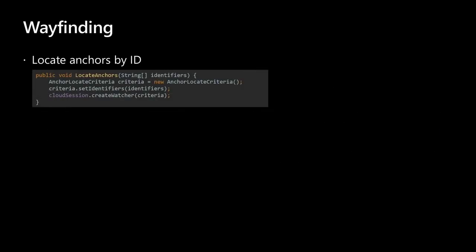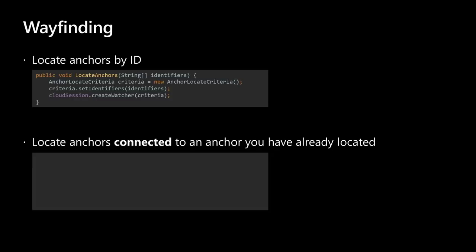Well, I showed you how to locate anchors by ID, but there's another way you can locate anchors. And that's by locating anchors connected to an anchor you have already located. So let's imagine we first locate an anchor by ID. And in that callback, we get back a cloud spatial anchor. It has that local anchor property on it. After that, we'll then create a new method, locate nearby anchors, and we'll be passed in that anchor.